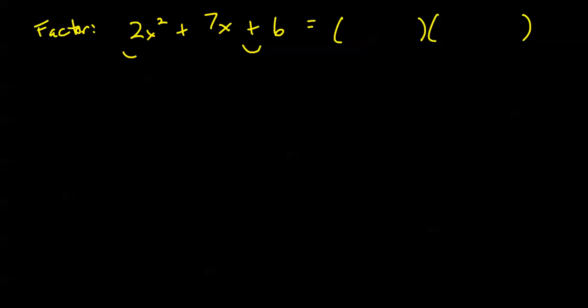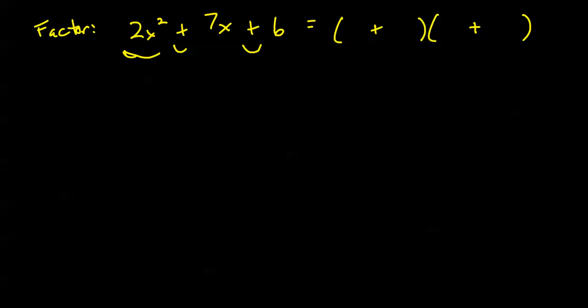If this sign is positive, the last sign is positive, these middle signs must be the same, either plus plus or minus minus. If this sign is also positive, they both must be positive. So right away I know my answer is going to be formatted like so.